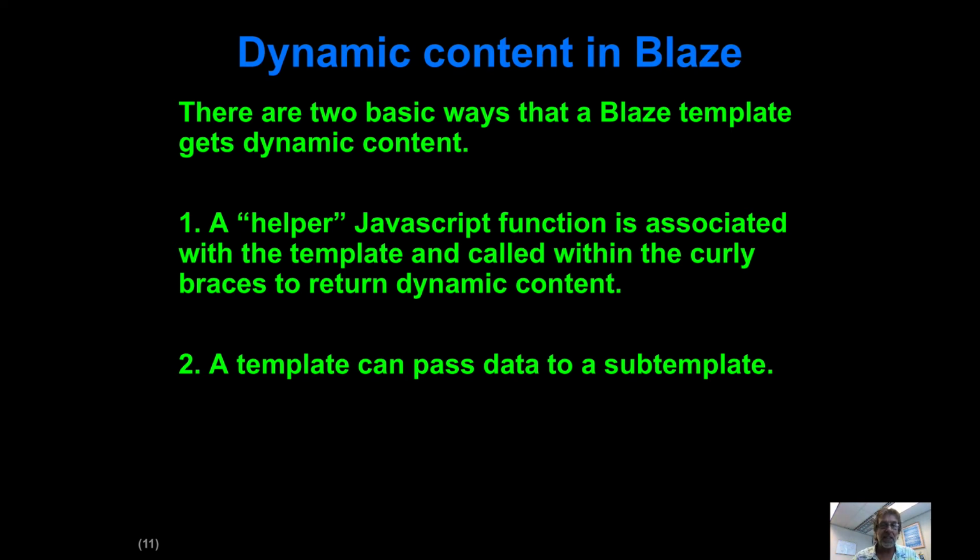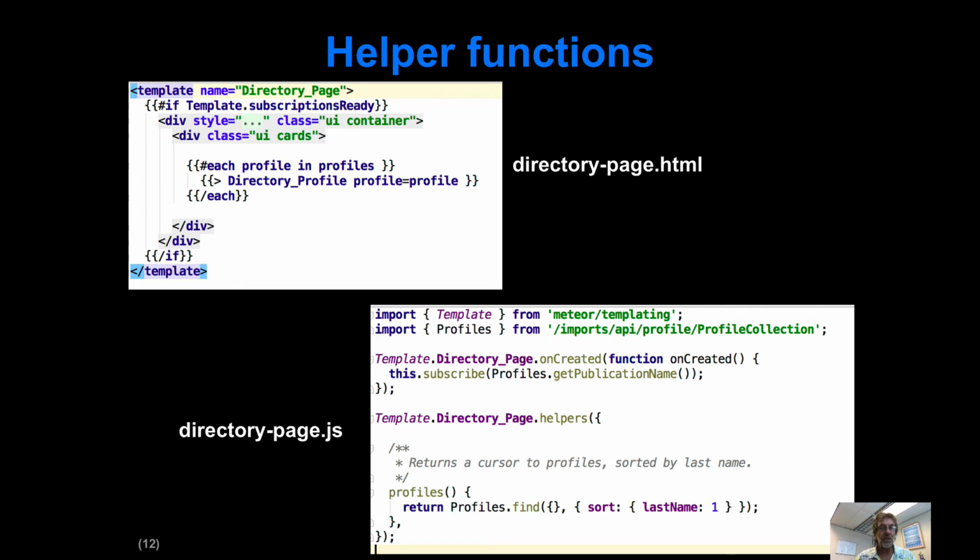Second way is that if you're calling one template from within another, I'll call the callee the subtemplate, but it's just another Blaze template. It's not anything special. Then when one template calls another, if it has received dynamic data somehow through a helper function, for example, it can pass that dynamic data as a parameter into the subtemplate. So there are the two ways, and in fact, this example shows both of these things.